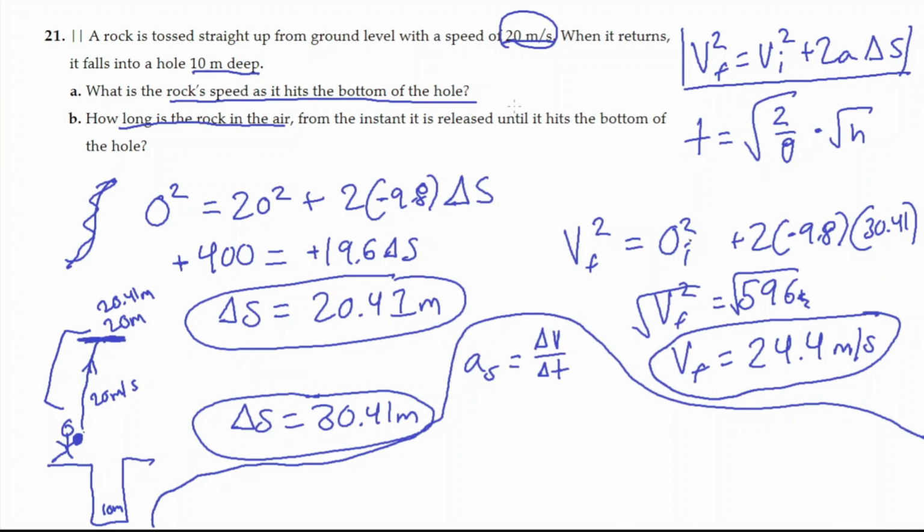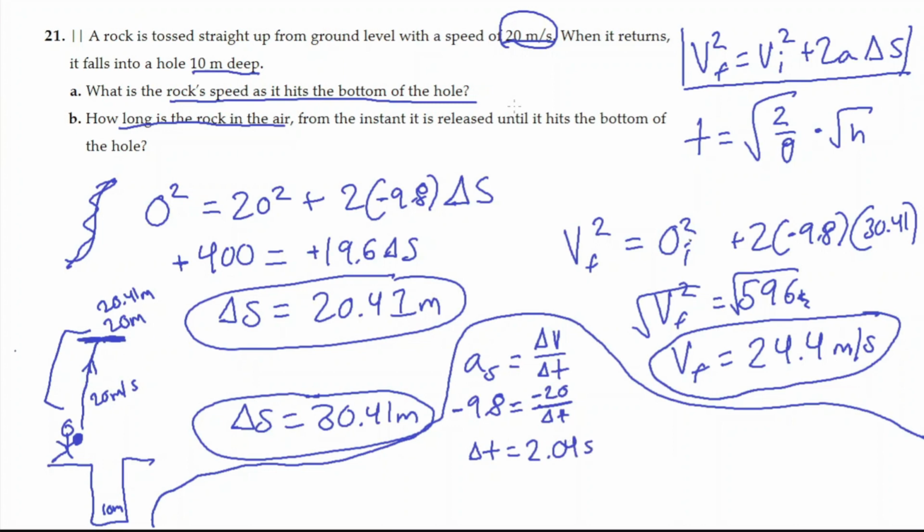Delta v is final minus initial. If we plug that in, acceleration is gravity, negative 9.8, equal to 0 minus 20, which is negative 20, over delta t, which is what we don't know. And if we solve for t, we get 2.04 seconds.